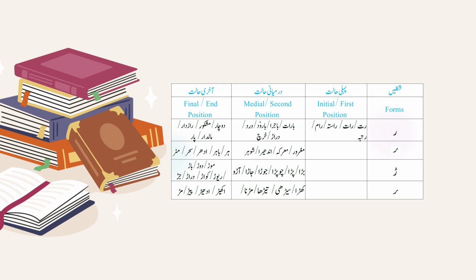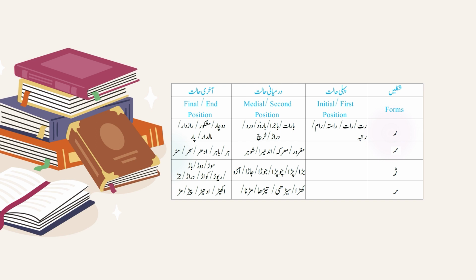If we write here the word Mazur, Mim plus Ain plus Za, which looks like Za, but that is not Za, that is Zal. When that is connected, it becomes like that. But when we disconnect it, we will identify that it is Zal, not Za. And here is the reason for that.